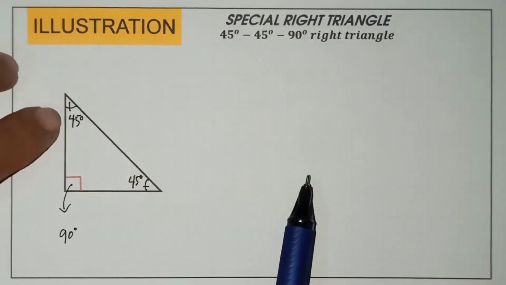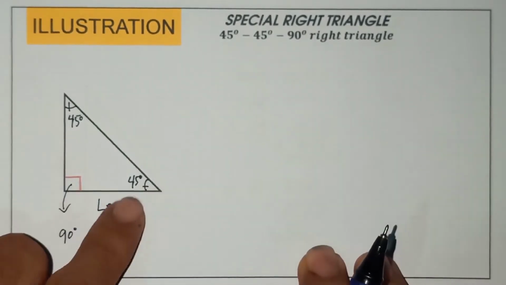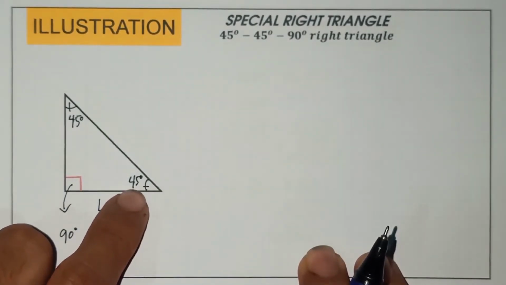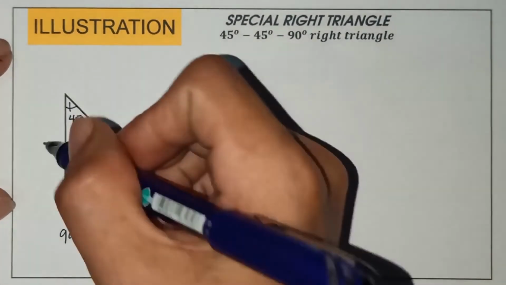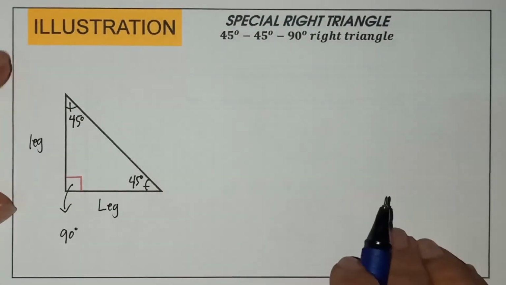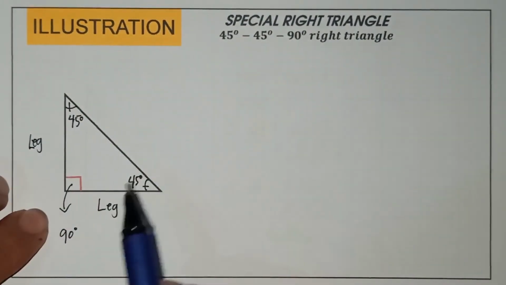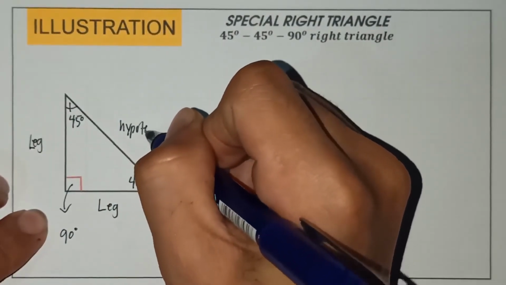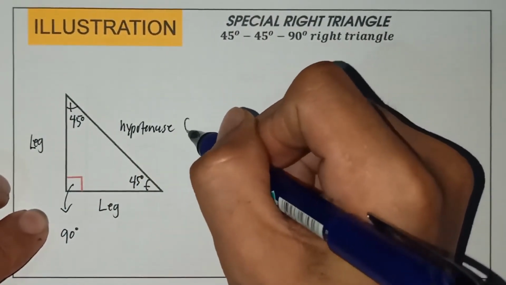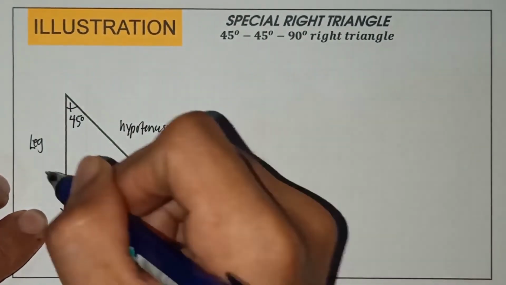The side opposite to a 45-degree angle is called a leg, and the side opposite the other 45-degree angle is also a leg. So we have a leg and another leg, and the right angle is opposite to the hypotenuse. Let's use H for the hypotenuse and L for the leg.